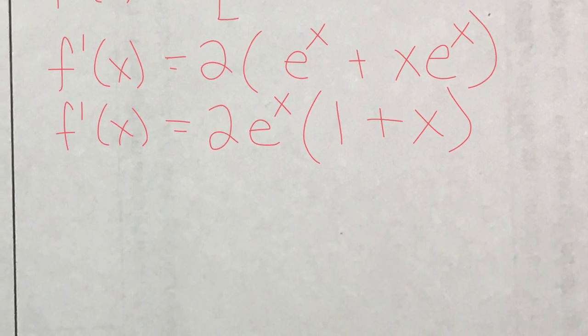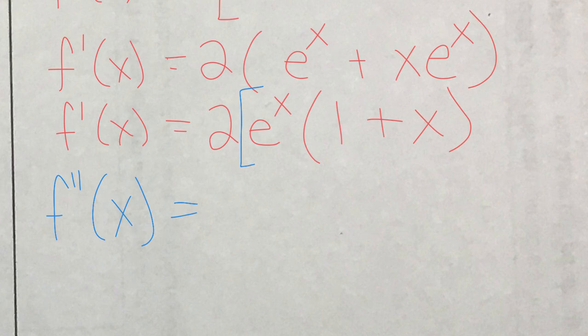Now let's take the derivative of that. Okay, so once again we have ourselves a chain rule where e to the x is your f function and 1 plus x is your g function. So the parentheses by itself is going to be considered its own function, the 1 plus x, that linear function.